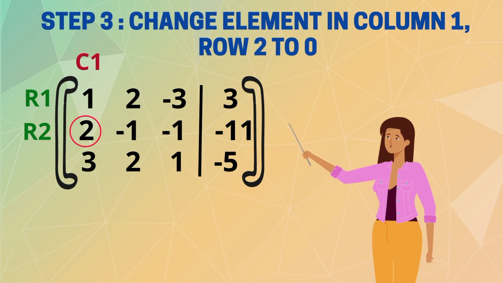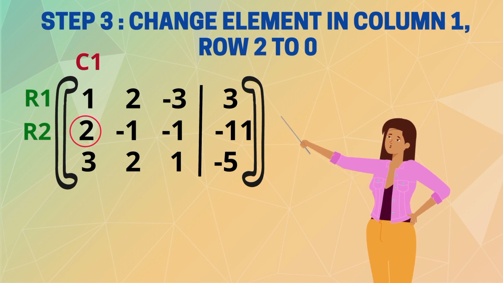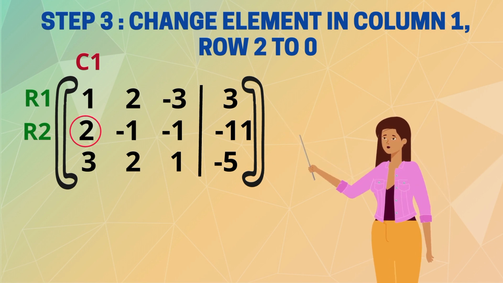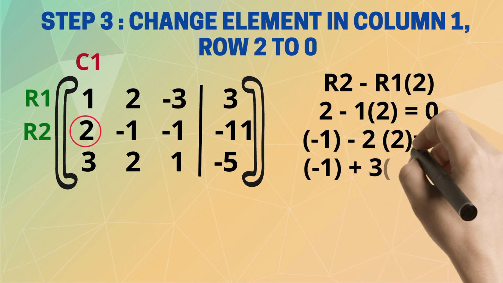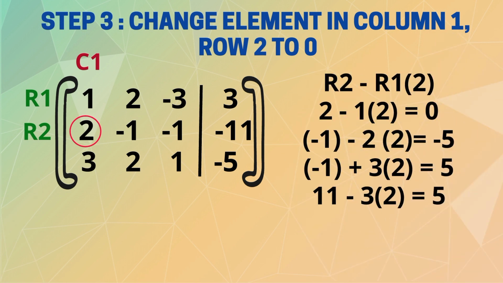For changing number 2 to 0, we have to use the rule which is row number 2 subtract row number 1 multiplied by 2. For your kind information, the operation must also consider the elements in other columns in the same row. Therefore, we show an example of how to change it.